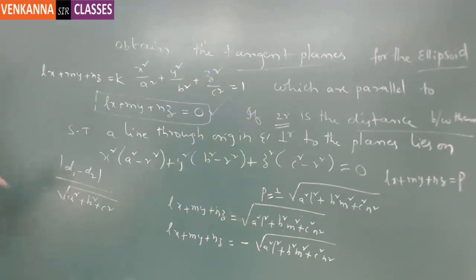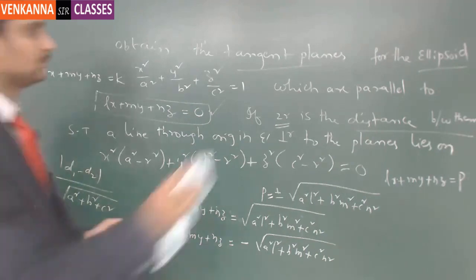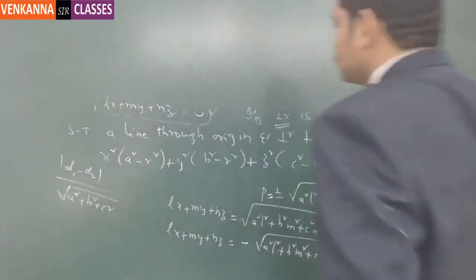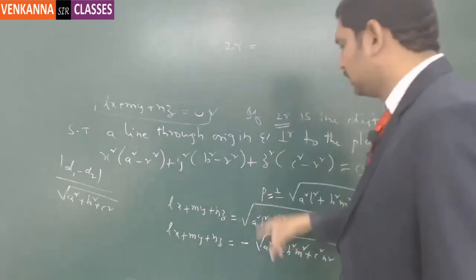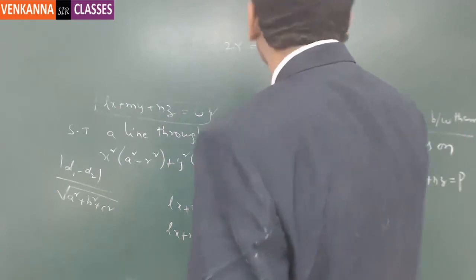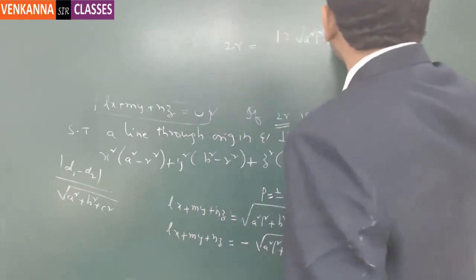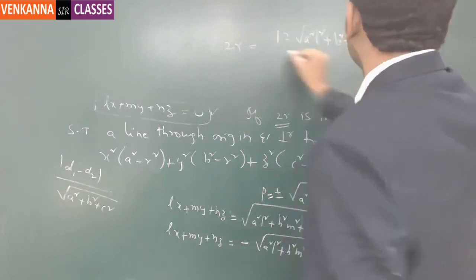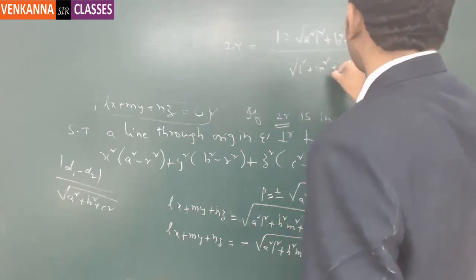So I am going to apply the same formula, the distance between the parallel planes, to these two planes. If you write that, given that distance 2r is equal to, taking the difference between the constants, d1 minus d2, you will get modulus of 2 into square root of a square l square plus b square m square plus c square n square, total divided by square root of l square plus m square plus n square.